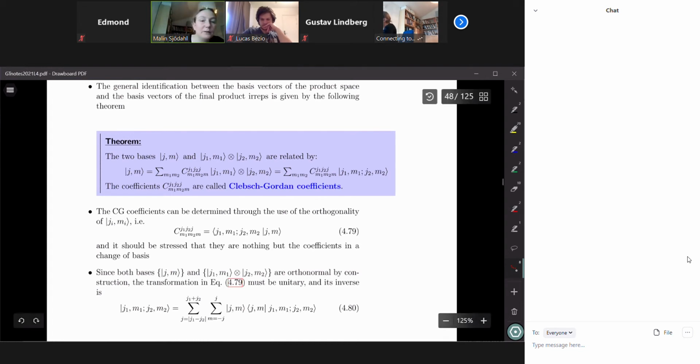So the point is that this state can be written as some coefficients times that state, and then we can also use another notation for this. So instead of the direct product, we can write here J1, and then M1, and then J2, and then M2.